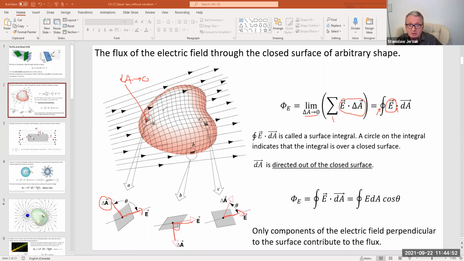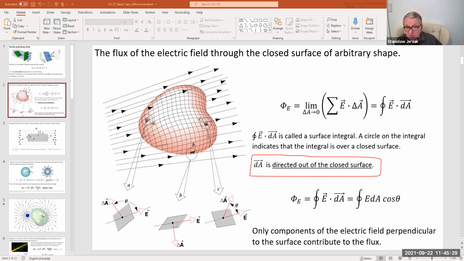And in calculus, you will be learning how to evaluate the surface integral for scalar functions or for vector quantities. So that will be done in calculus. Any questions about that slide for now? One thing which is extremely important, which I should emphasize very strongly, is that by definition, the area vector delta A for each of these tiny surfaces is directed to the outside of the closed surface.